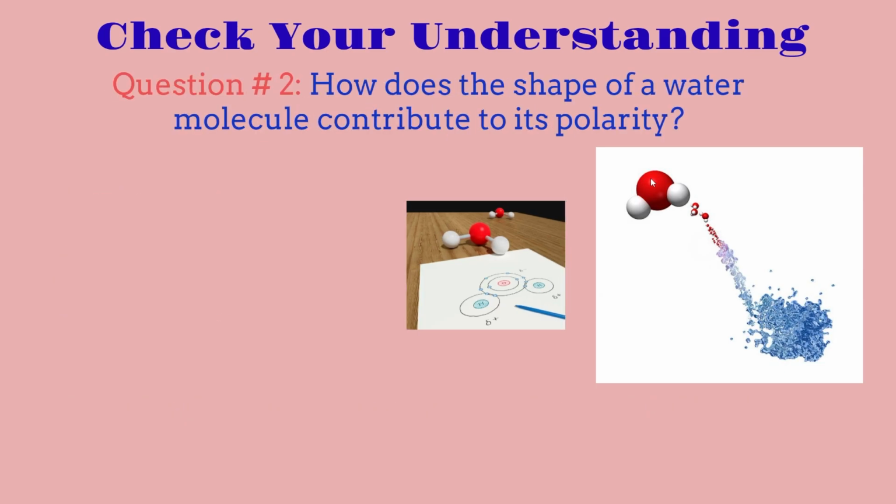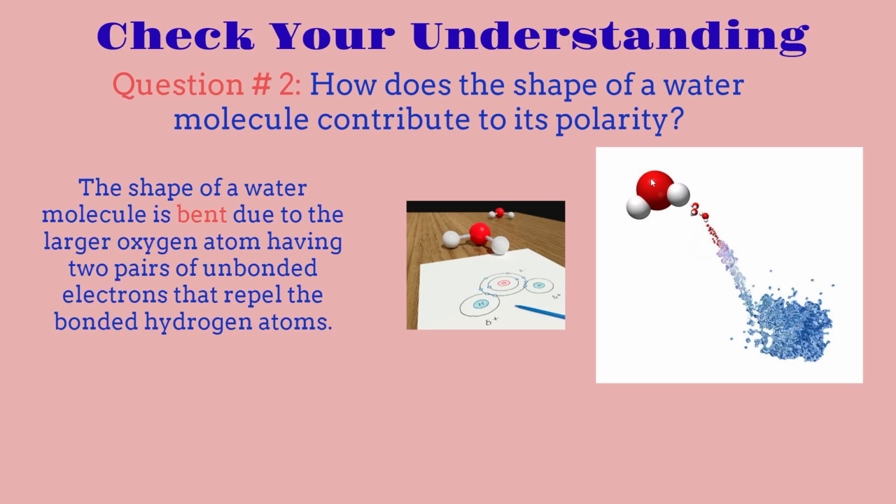For question number 2, how does the shape of a water molecule contribute to its polarity? Once again, take a moment to pause the video and try to solve this by yourself. And now for the answer. The shape of a water molecule is bent due to the larger oxygen atom having two pairs of unbonded electrons that repel the bonded hydrogen atoms.